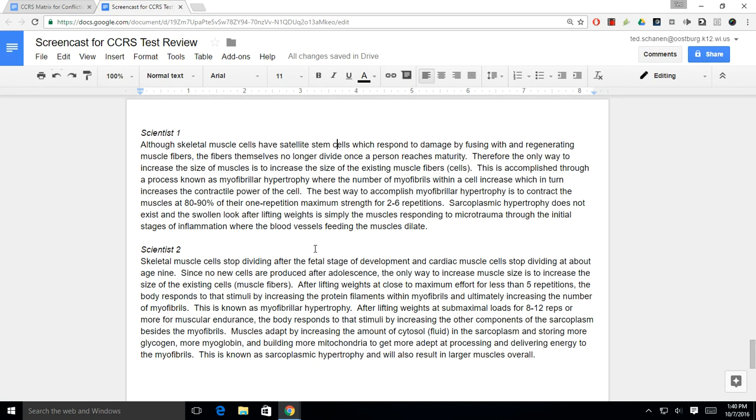Does this finding support scientist one's explanation? Explain why or why not. So we have to have a grasp on what scientist one is saying, and then we need to be able to take those experimental results, this new information, and say, yes, this new research study matches what this is saying, or no. So you say yes or no, but then you have to get the right reasoning.